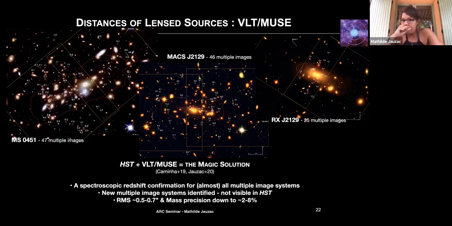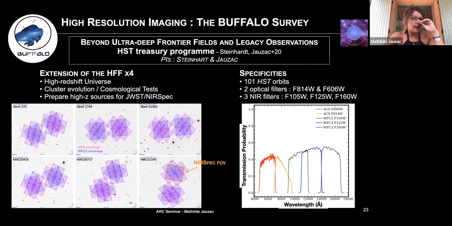And because that's the power of MUSE, we even could detect multiple images that are not even visible in the HSC image. As an example, if you look at MS0451, on the right-hand side of the cluster image, you have R1 and R2, and those 2 images are invisible in the HSC image.